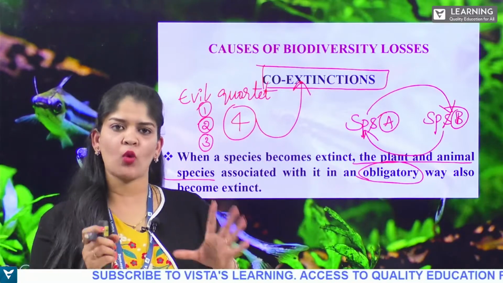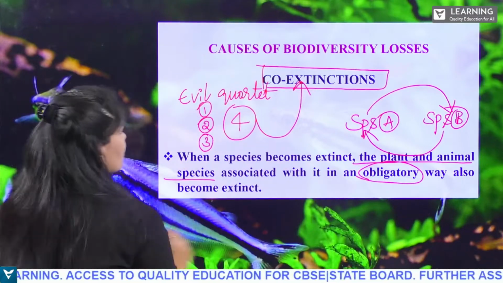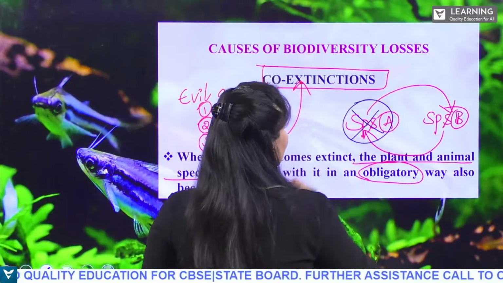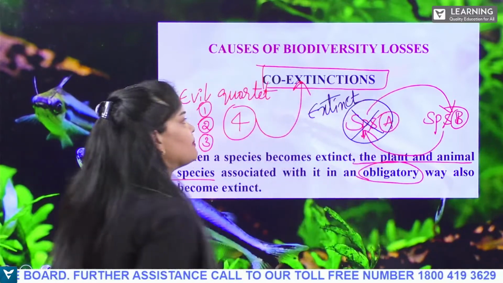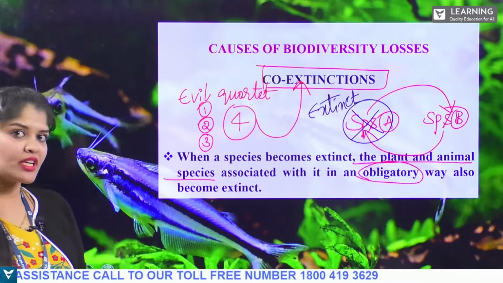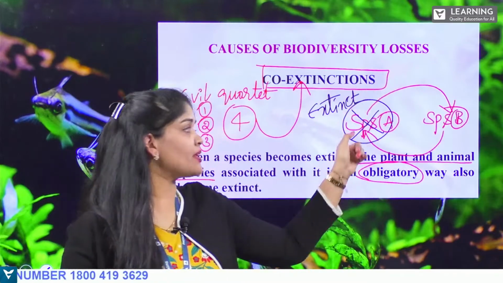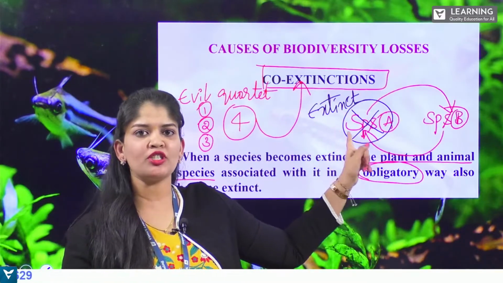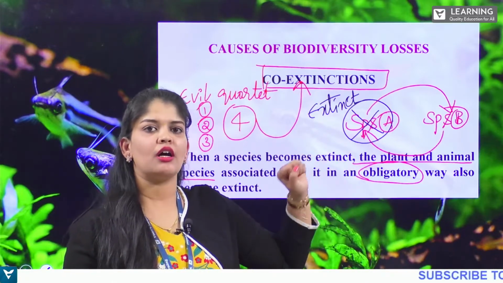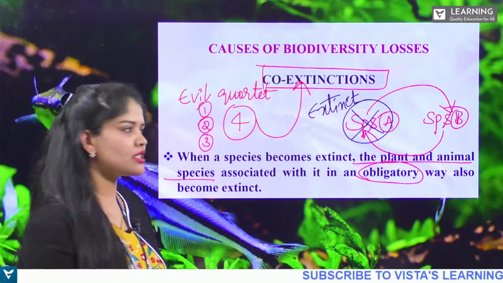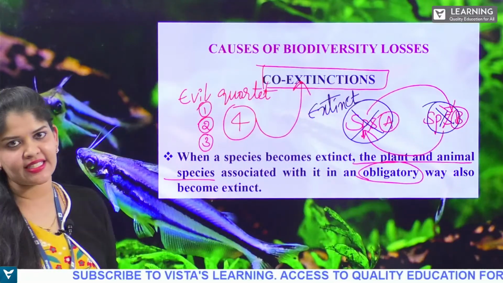Now what happened? For some reason, species A becomes extinct. As we already said, the life of species B obligatorily depends upon species A. As species A becomes extinct, it is no more available, it is no more in existence, then obviously species B also becomes extinct.